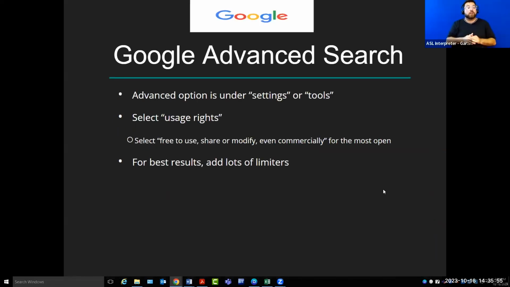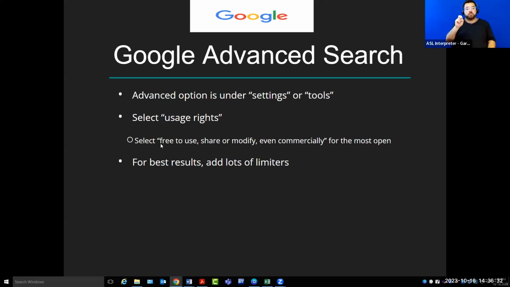Okay, and then we get to the Google Advanced Search. And I'm not going to put the website for Google in. I think everybody probably can find that. But to do an advanced search, it's usually on the very bottom of your screen on the right-hand side, and it's under Settings or Tools. And then you go down, sometimes you have to click a More button to open up More, and you want to select Usage Rights.